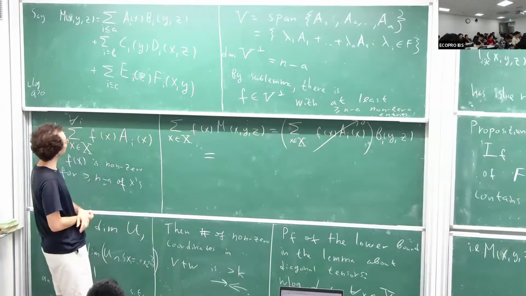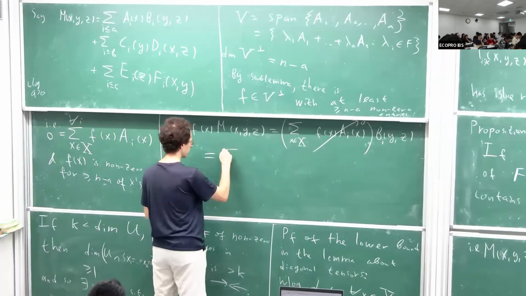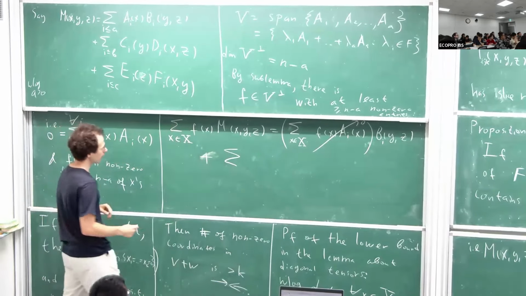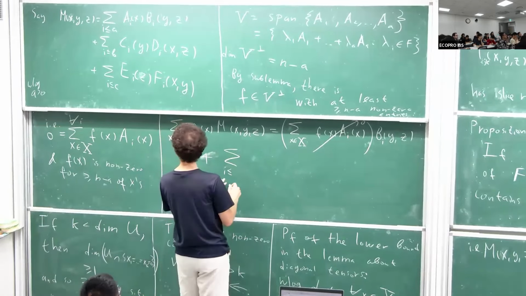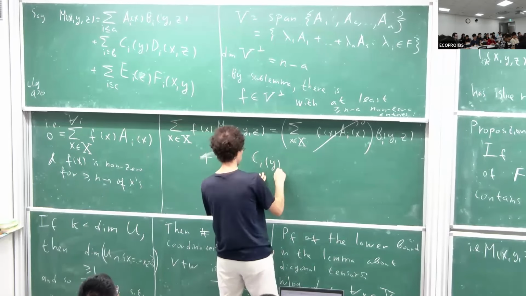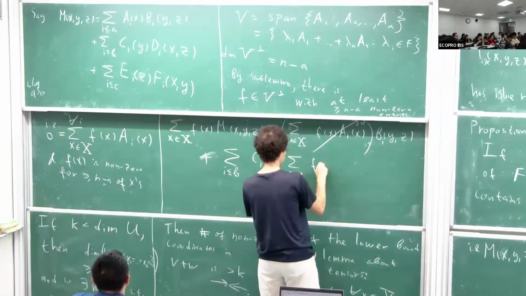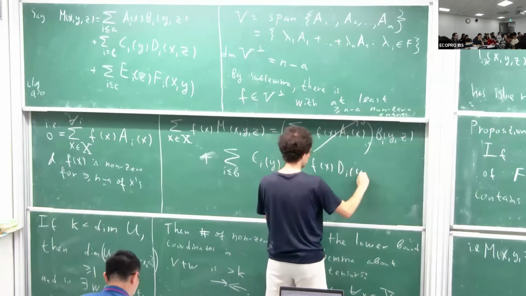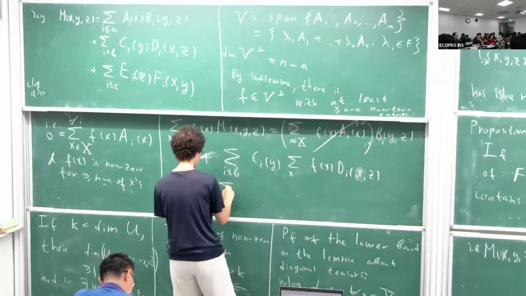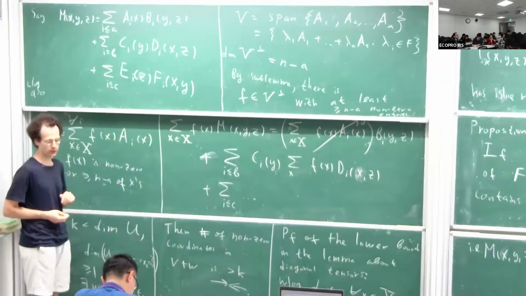And as to the other two sums, I'm going to get, sorry, nothing we call plus, apologies, still two other sums, plus from the second I'll have c_i of y plus the sum over x of f of x d_i of x z, and then I will have the similar expression, which I'm just lazy to write down, with this third sum.